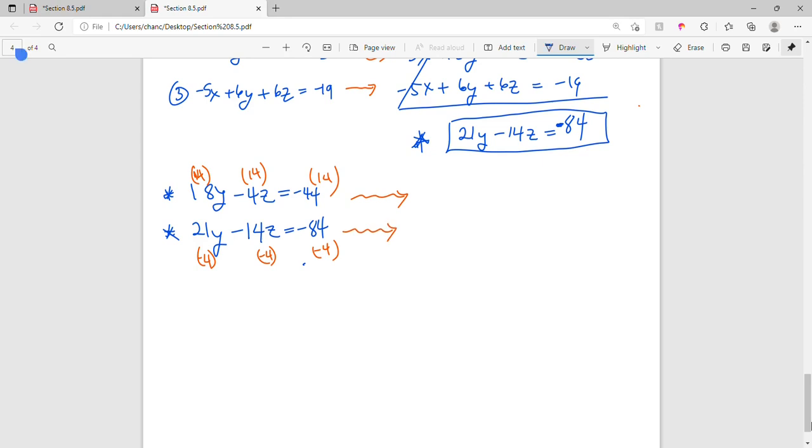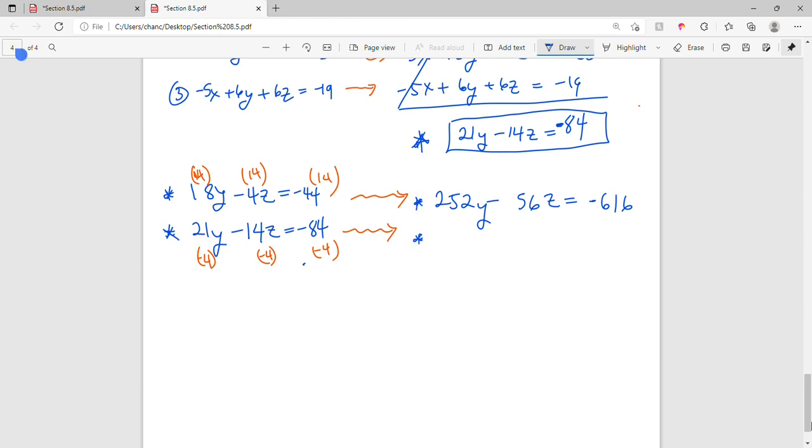18 times 14 is 252 minus 14 times 4. 14 times 4, that's going to give us 56. So this is 252y minus 56z equals, and now we'll multiply 14 times 44, which is 616. This is negative 616. That's our first equation.